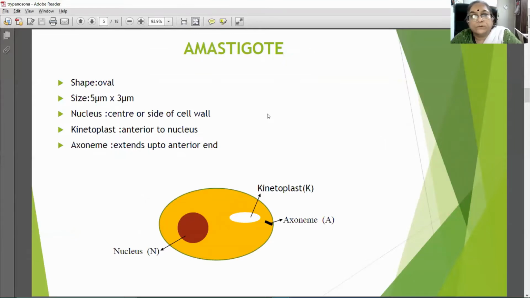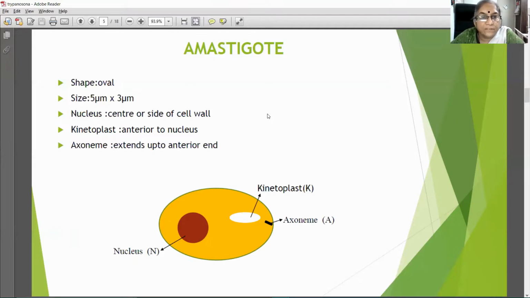Now, amastigote is oval in shape, measures 5 micrometers by 3 micrometers. The nucleus may be in the center or at the side of the wall. Kinetoplast is anterior in the cell.